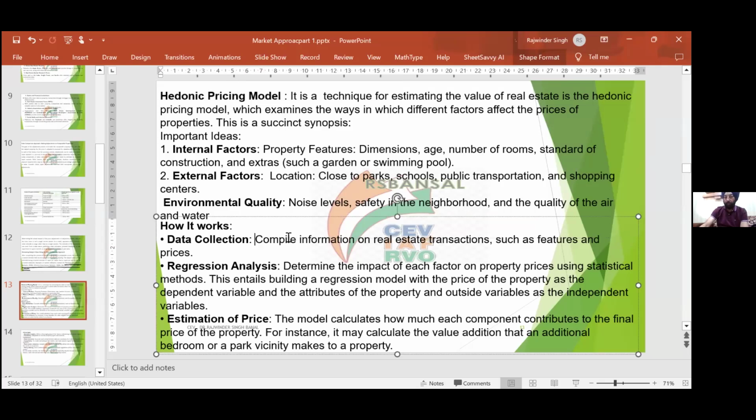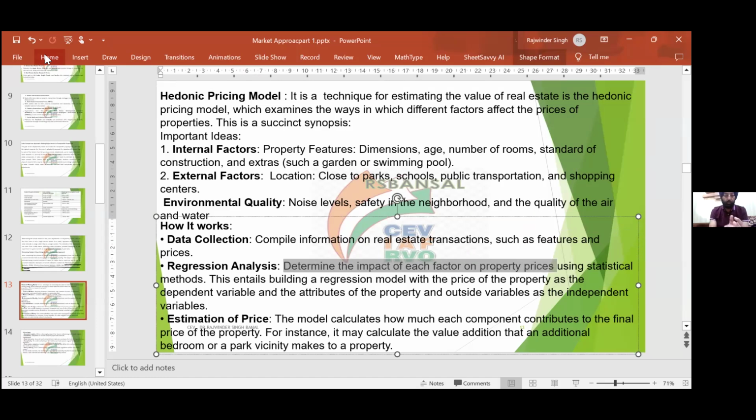First, they compile the information on real estate transactions such as features and prices. They collect the data, then they carry out regression analysis. Regression means you have to determine the impact of each factor on the property prices. Basically, regression is how one factor affects the other factor.